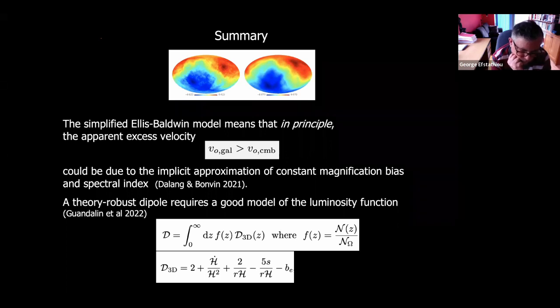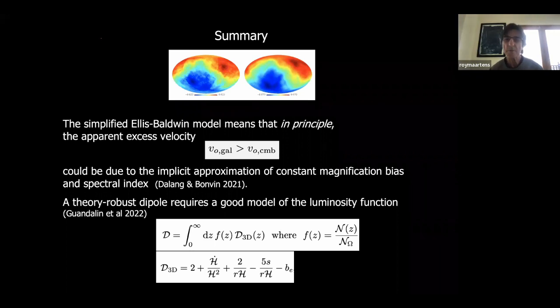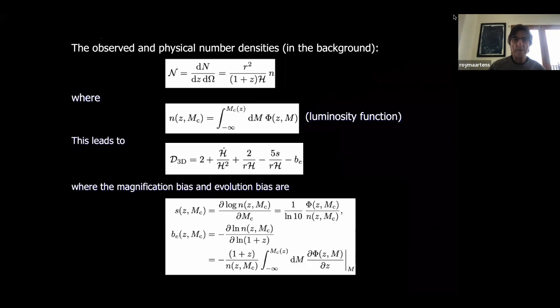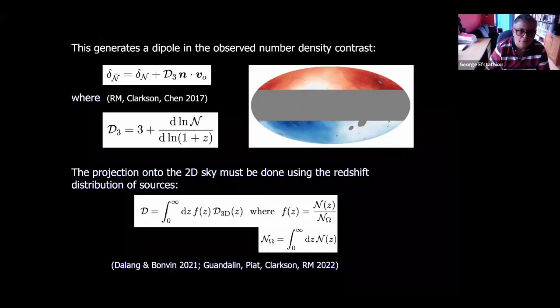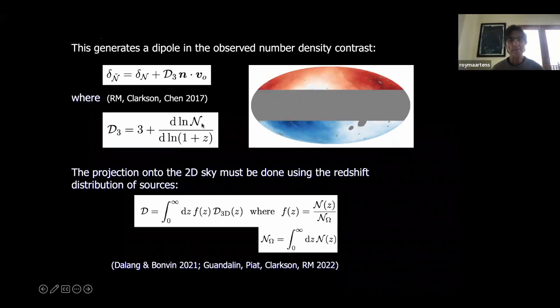Yeah. I don't know if I'm being naive, but if observers could give me the number of galaxies counted per redshift bin per square degree and nothing else, then in a sense, I might be able to use my original formula here. Yeah, this one here. All I need is the observed numbers. That's it.